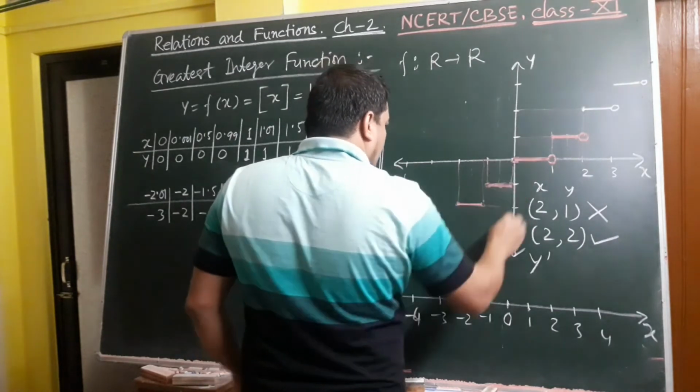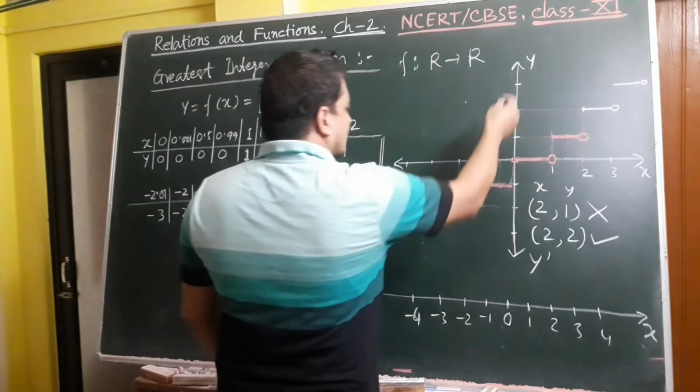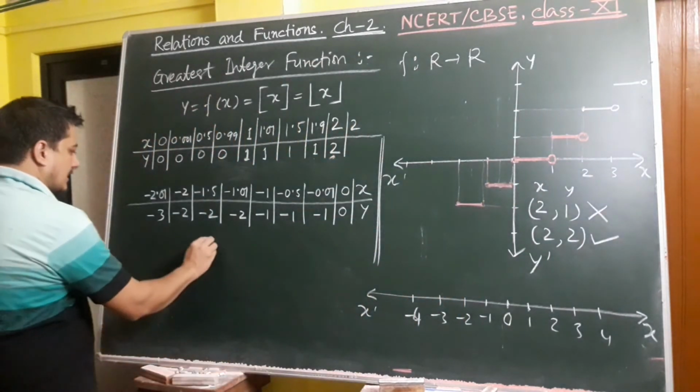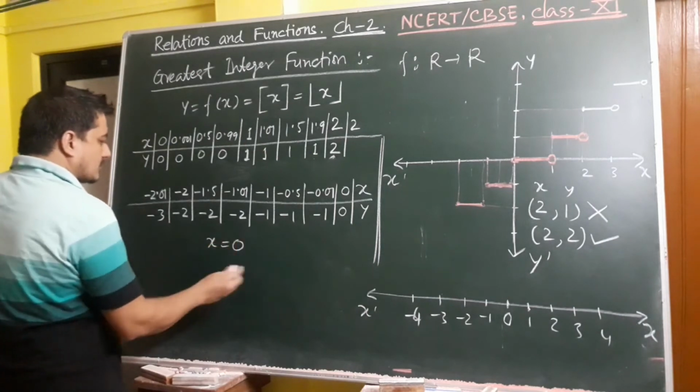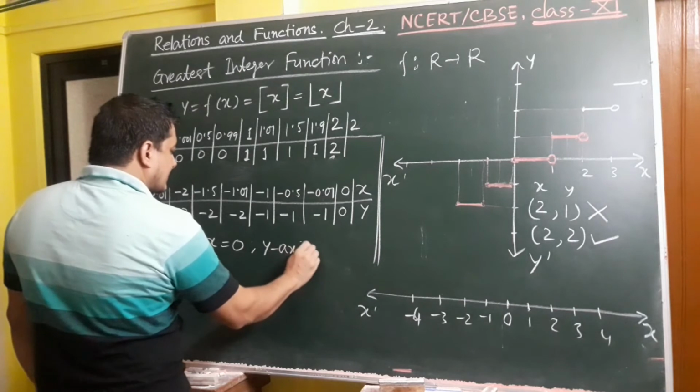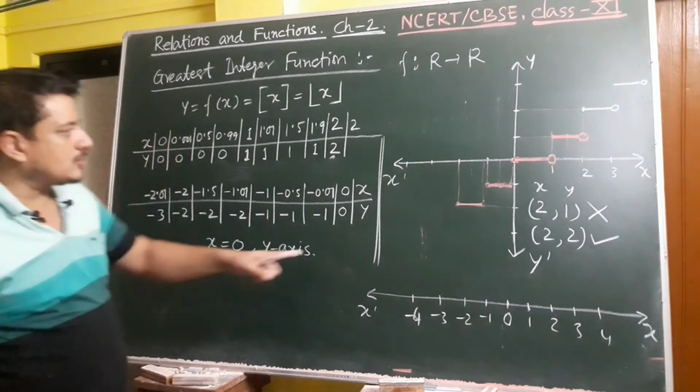Now on the y-axis, that means x equals 0, there are 2 points you can see.